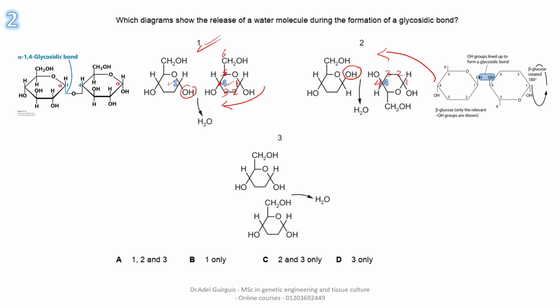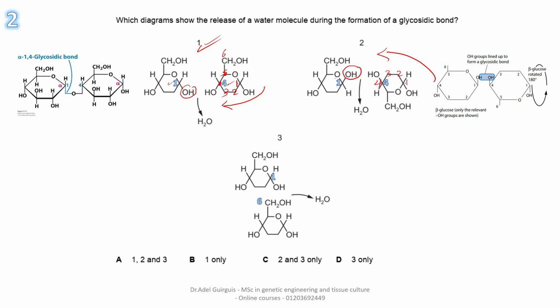What about 3? 3 with the same process, by numbering each carbon atom, we reach this number 1, this number 6. Okay, alpha glucose, because OH in both that bind with carbon number 1 lie below the plane of the ring.